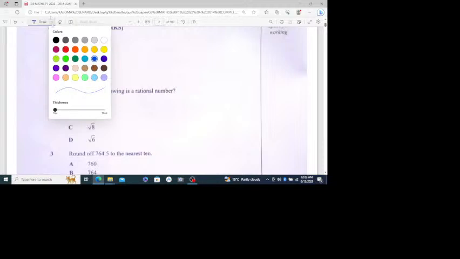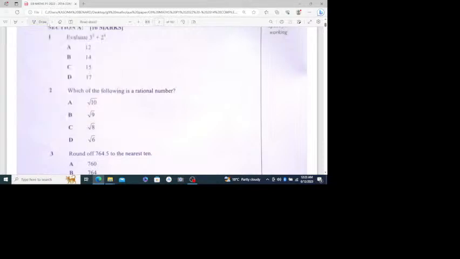We're going to rewrite the expression, which is 3 raised to the power of 2 plus 2 raised to the power of 3.